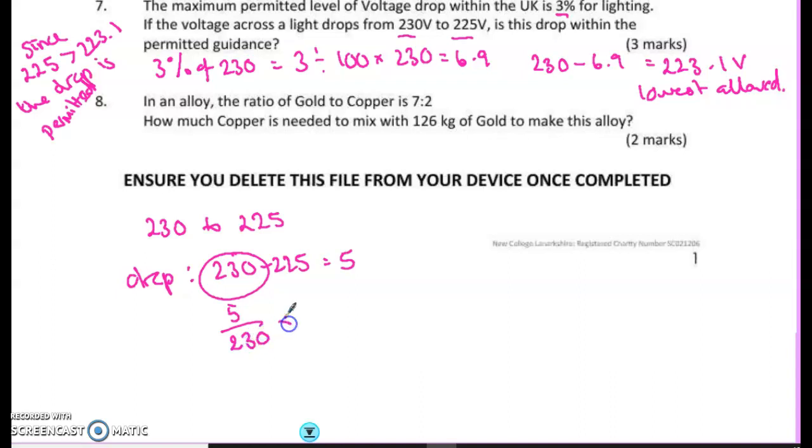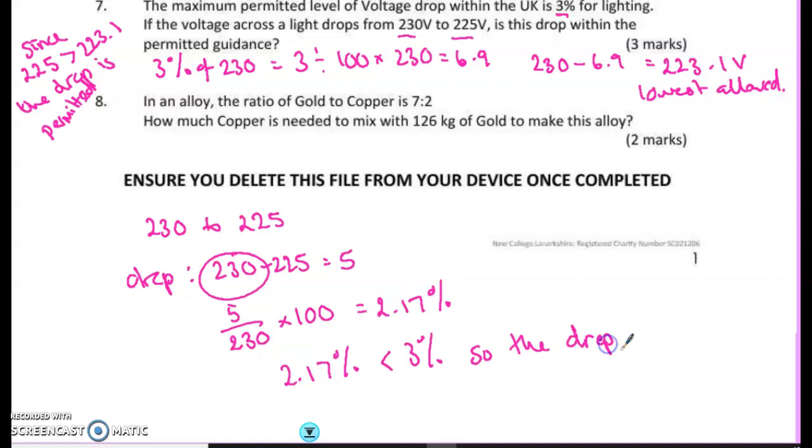So we're going to do 5 divided by 230 times 100. That is a drop of 2.17%. 2.17% is less than 3%, so the drop is permitted. The drop is within, sorry about my writing on here, the guidance.